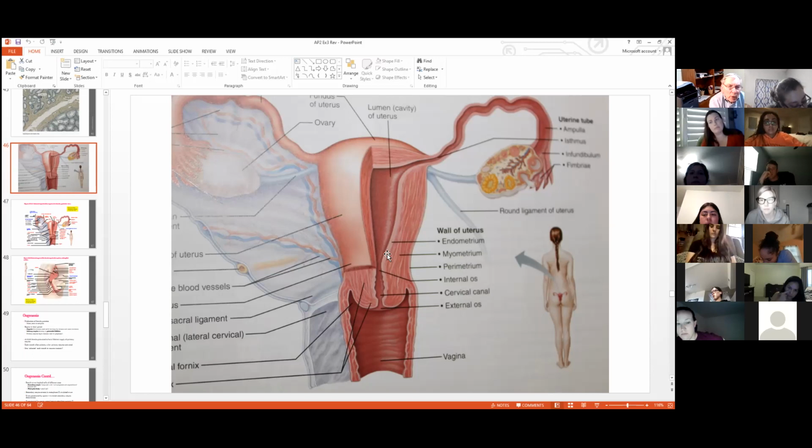If you'll remember, we had a stratum basale in your epidermis that produced cells, they were stem cells. Well, here, there is a layer called the basal layer. So the endometrium, that internal lining of the uterus, has a basal layer. It's basically that stratum basale kind of layer that was in the epidermis. It's very similar because it's going to produce cells.